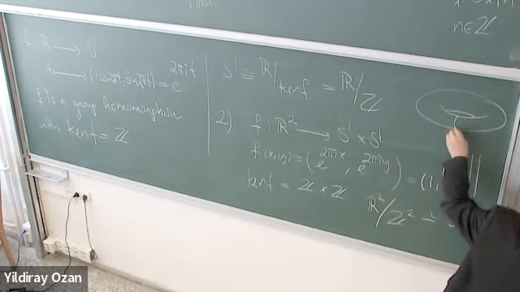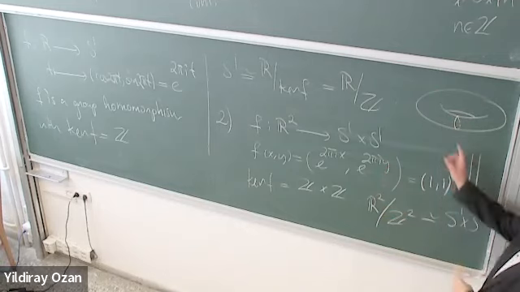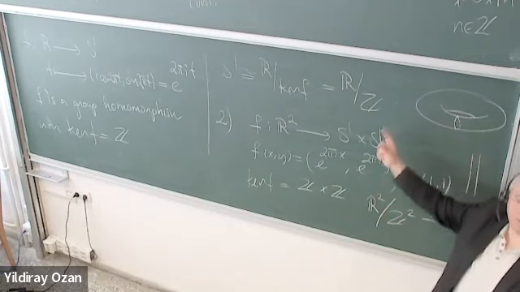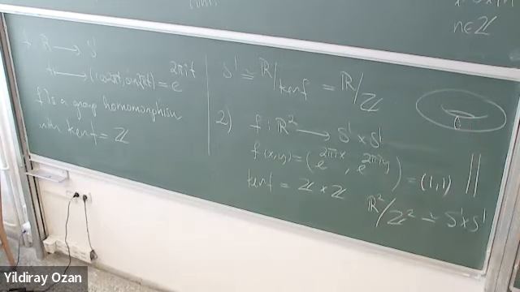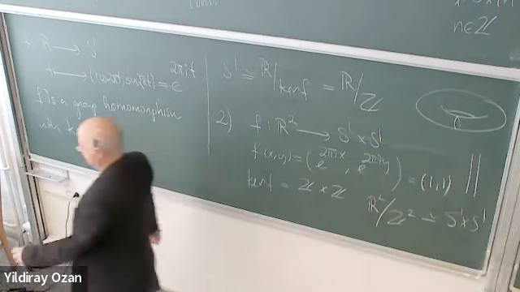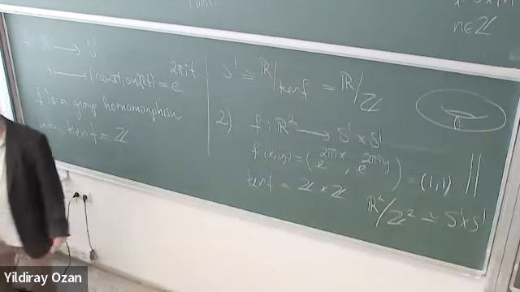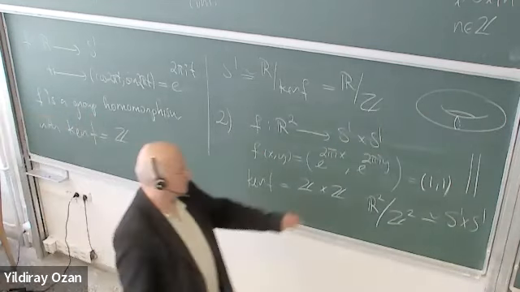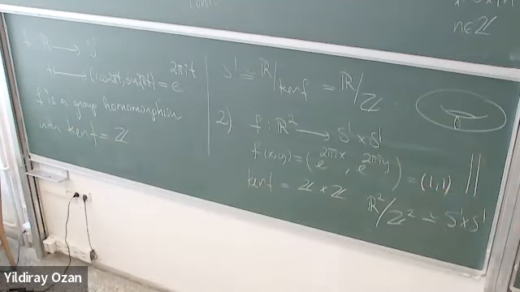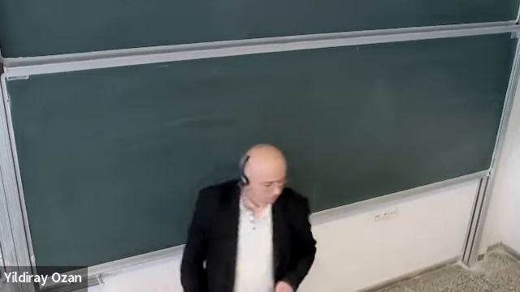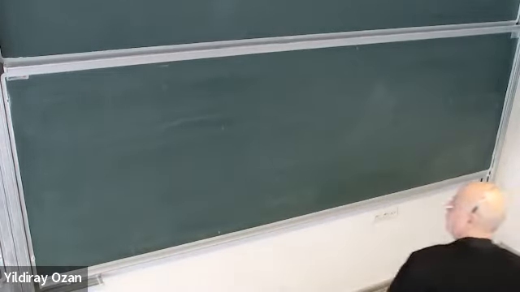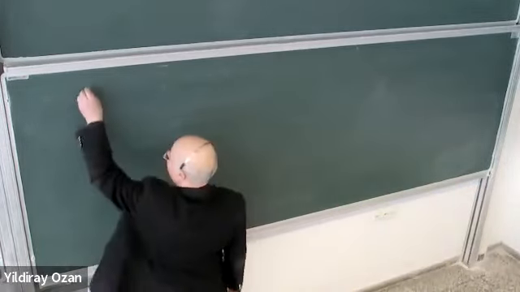You have this circle, and then you just carry the circle over the center circle. Let me just describe this topologically also. So this relation corresponds to what?